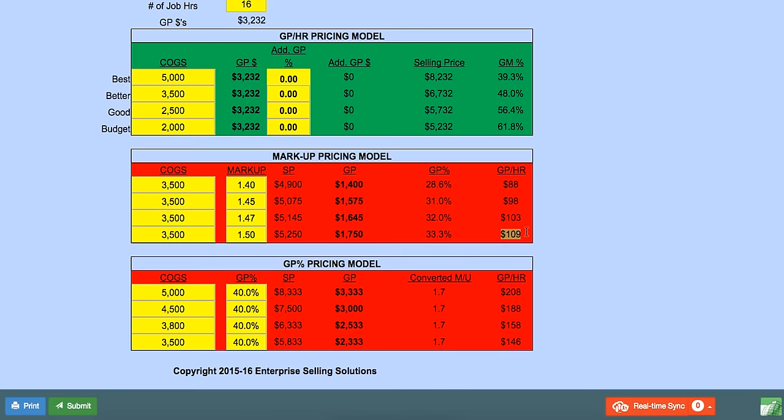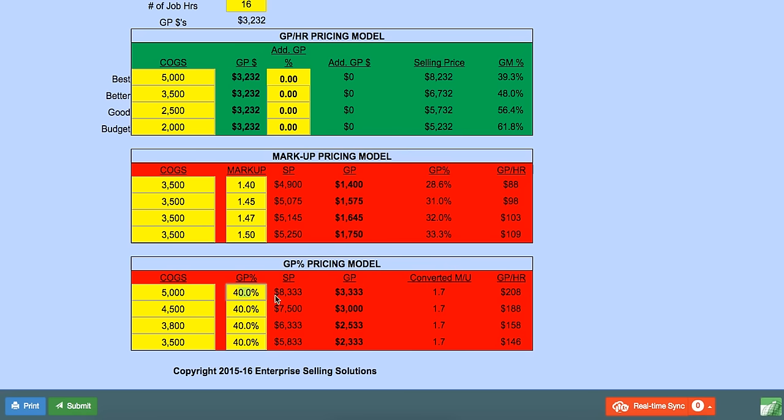Now, the current way we do it in our program is the GP percentage. However you do it, you can look here at 40% margin. If you were to say markup, that's 1.7. So to get to 40%, you've got to multiply times 1.7 on the cost of goods sold.